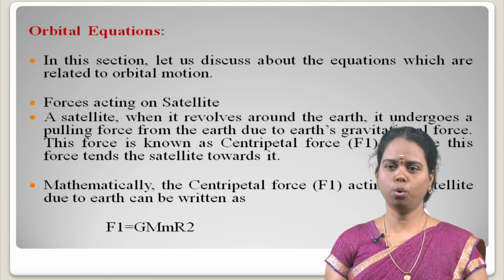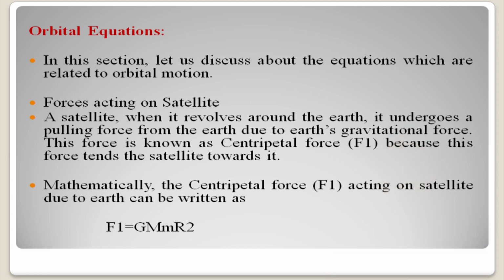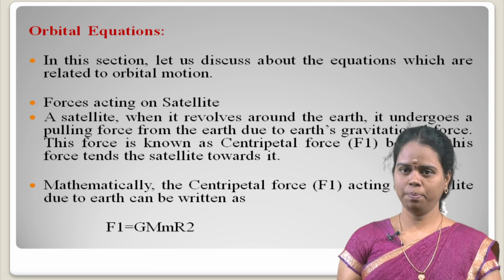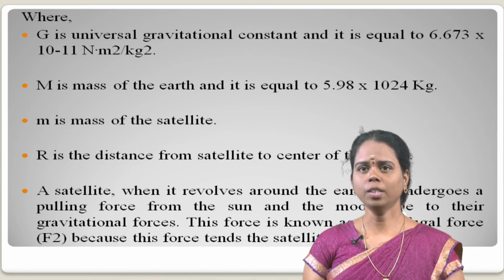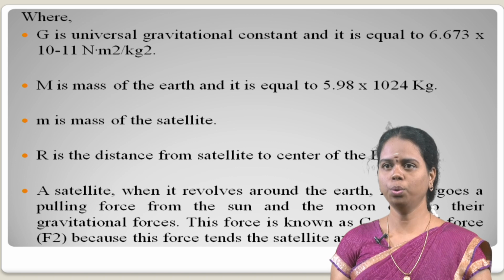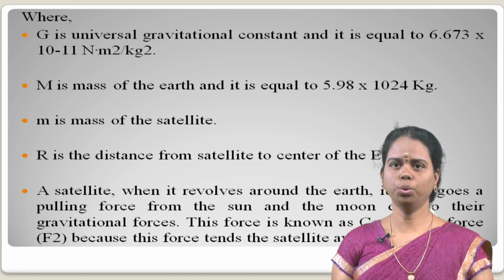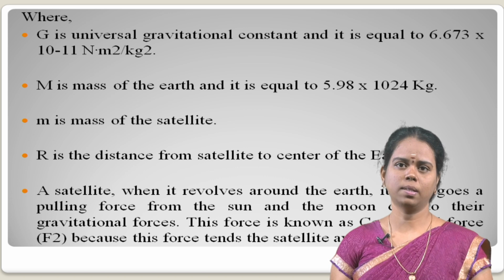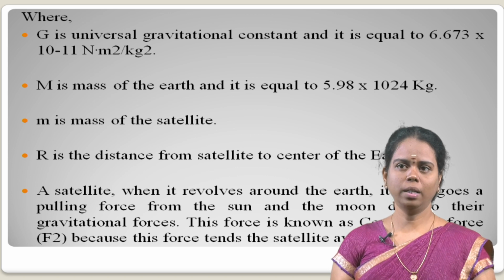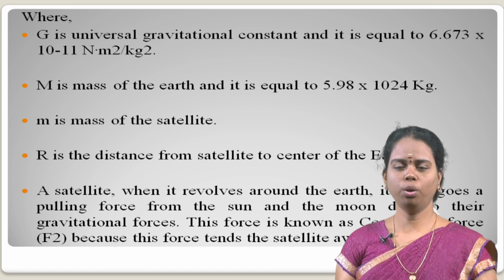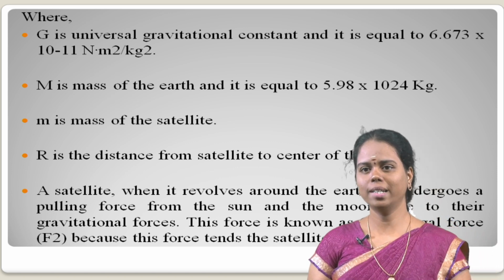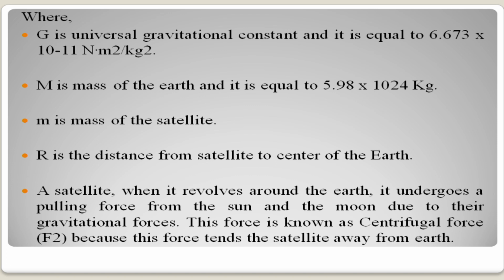Mathematically, the centripetal force F1 acting on the satellite due to Earth can be written as F1 is equal to GMm/R^2, where G is the universal gravitational constant, equal to 6.673 x 10^-11, M is the mass of the Earth, equal to 5.98 x 10^24 kilograms, m is the mass of the satellite, and R is the distance from the satellite to the center of the Earth.